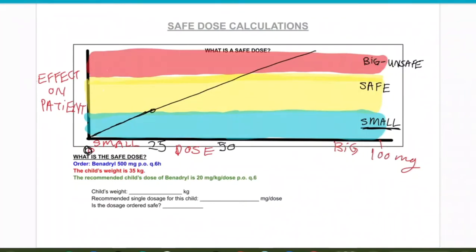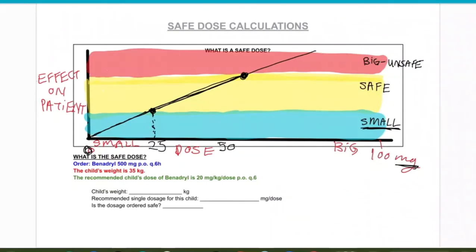So right when we hit about 25 milligrams, because doses are measured in milligrams, we start to see the kind of effects that we want the patient to have. And then we can keep increasing that dose, and we'll keep seeing those effects that we want to see in that patient. And the side effects will either be minimal or acceptable, considering what the medication is doing for the patient.